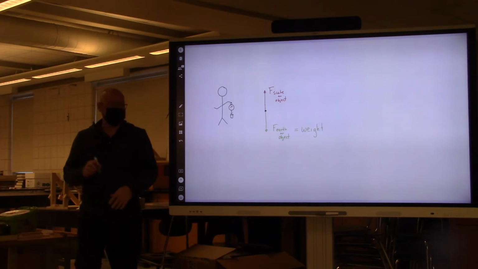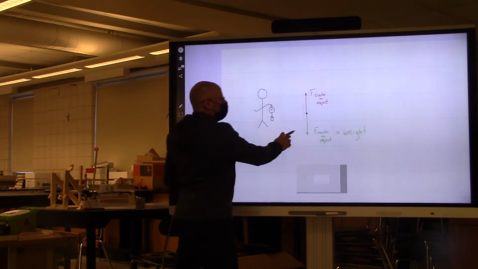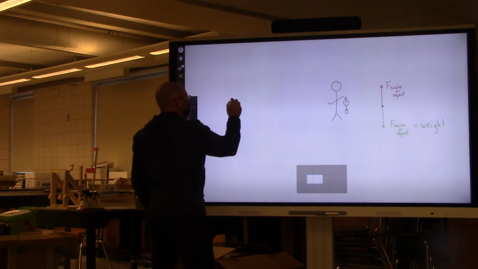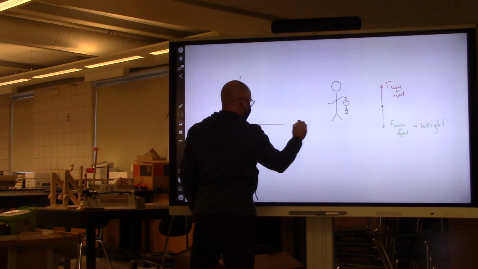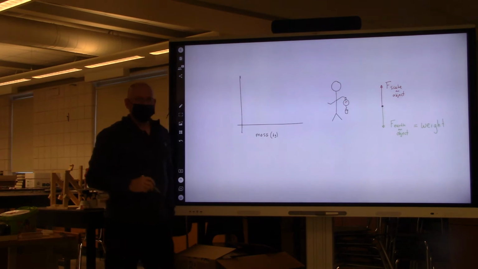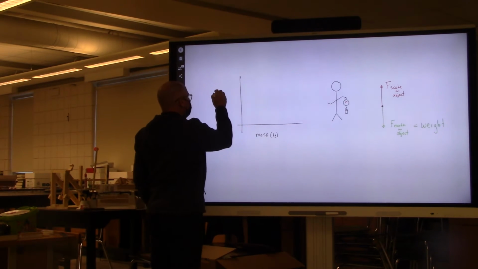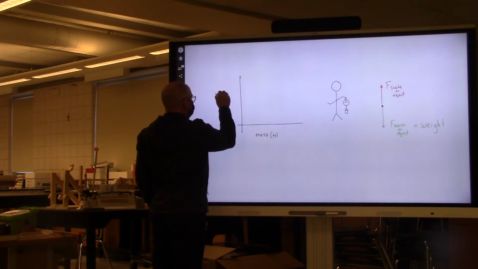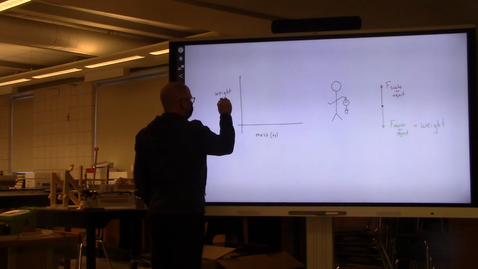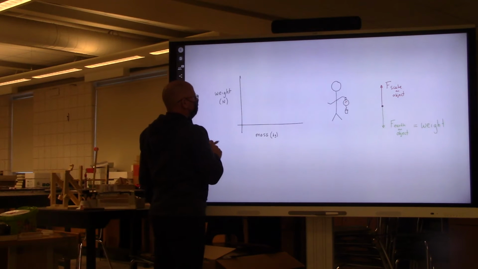All right, so on the lab side, you guys are going to plot the mass in kilograms. You're going to measure the weight in newtons. Okay?